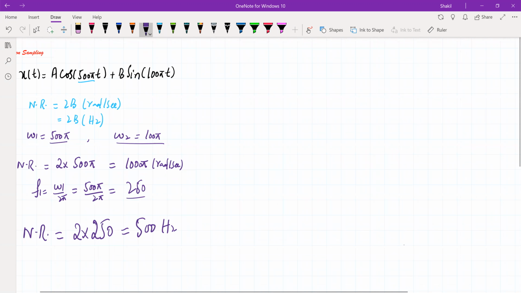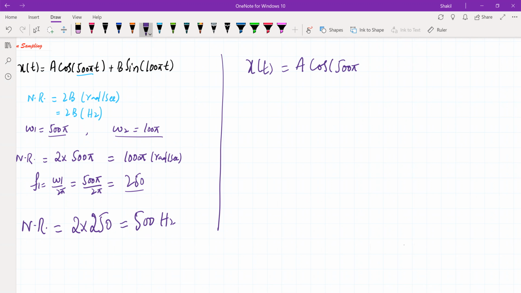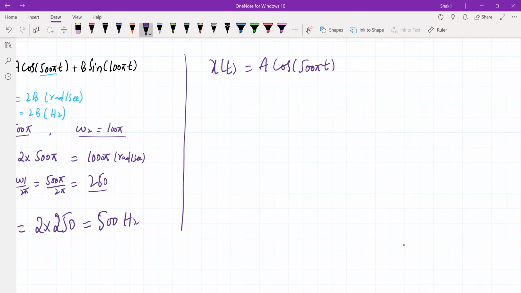So this is one case. In the same way, suppose the signal is a product of cos 500 pi t and cos or sine 200 pi t. If these signals are multiplied in the time domain, in the frequency domain they will be convolved.